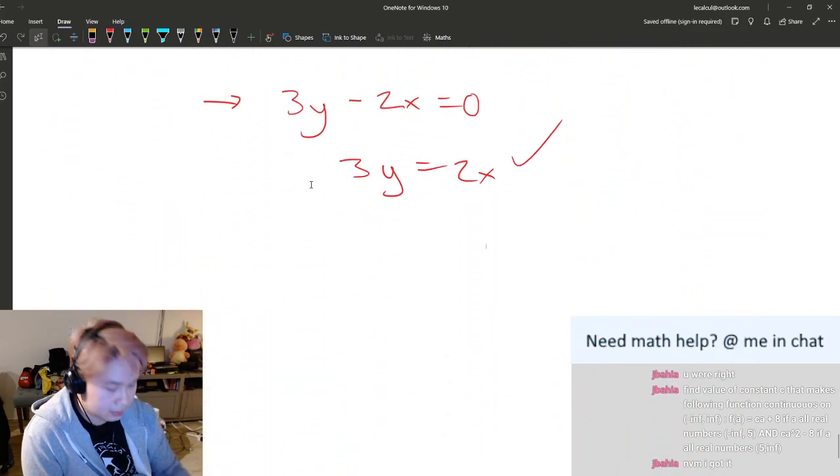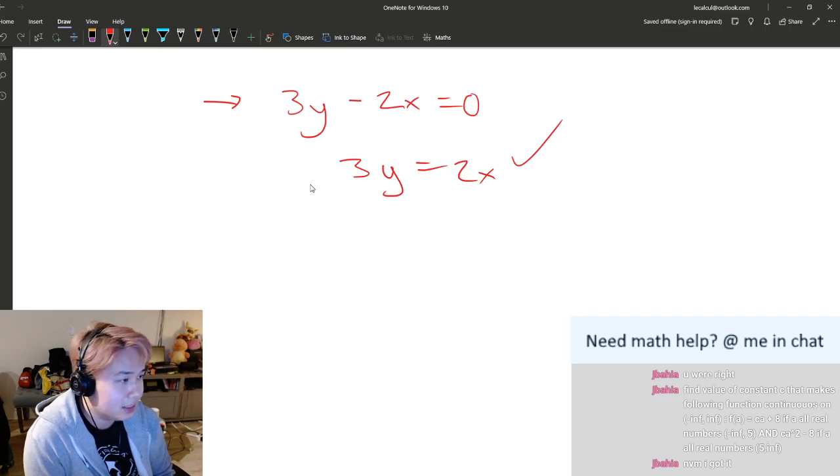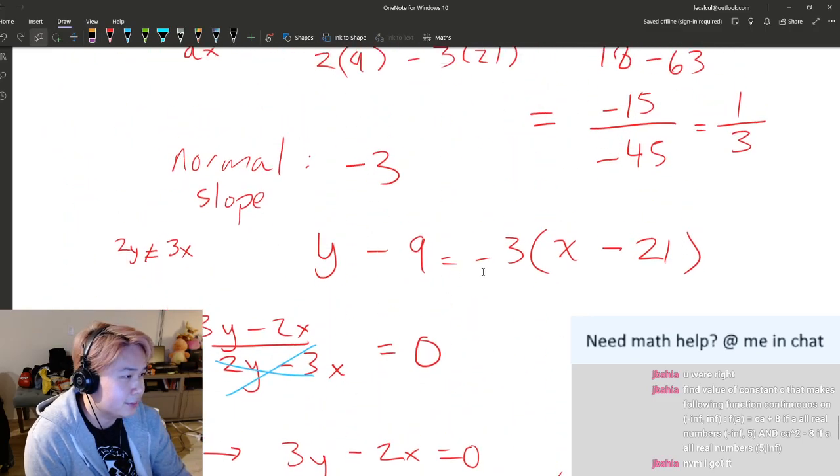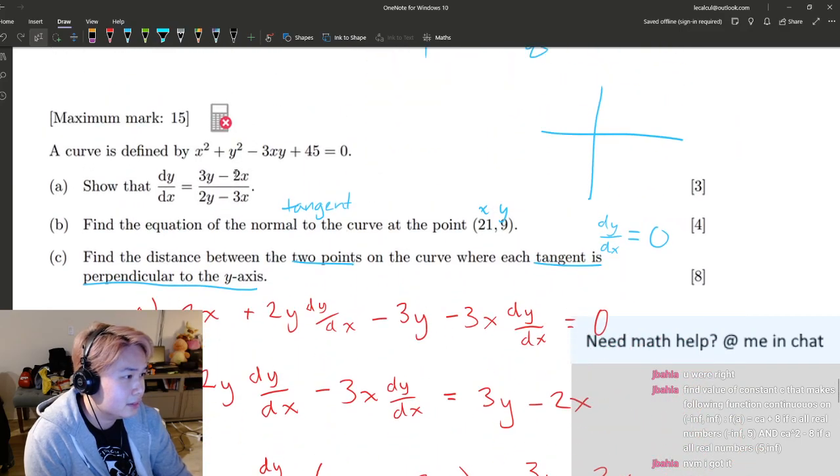So honestly, it doesn't matter how you do your substitution. Let's just solve for y. And then we substitute this into the original function here.